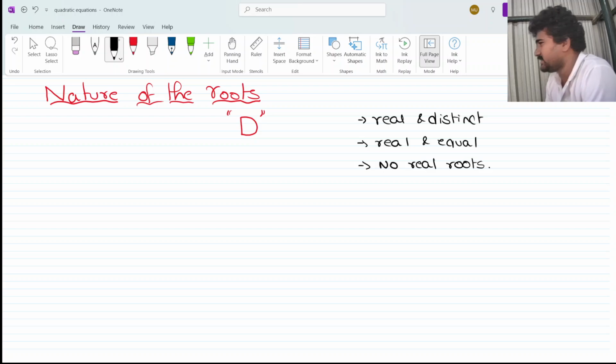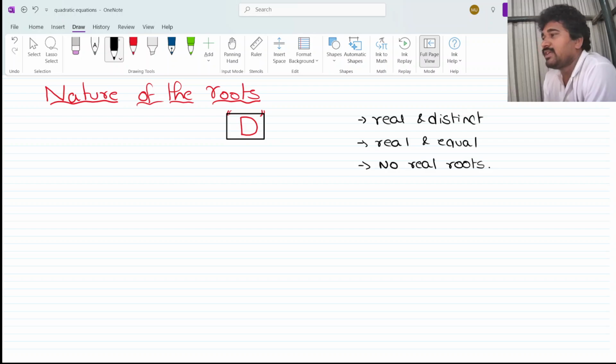Three possibilities. What are the three possibilities you have here? Real and distinct roots, real and equal roots, no real roots at all. Who will decide? Mr. D will decide.